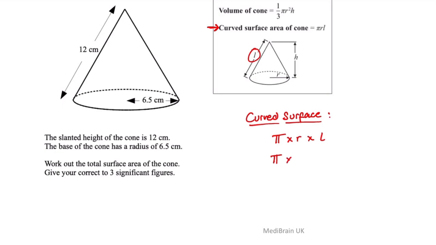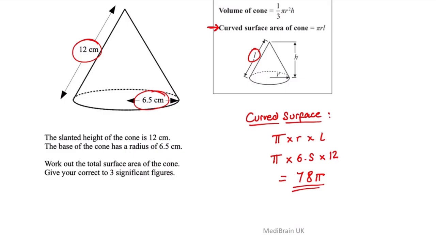You multiply by the radius, which is 6.5, and by the L, which is 12 centimeters. If you type that into your calculator, pi times 6.5 times 12, you get 78 pi. I'm going to convert it after.